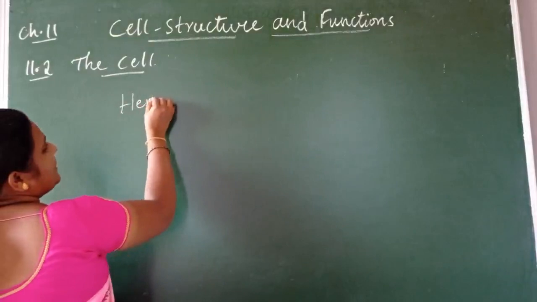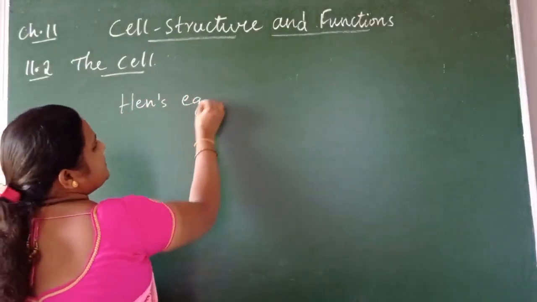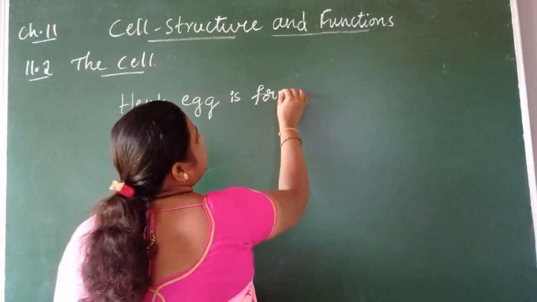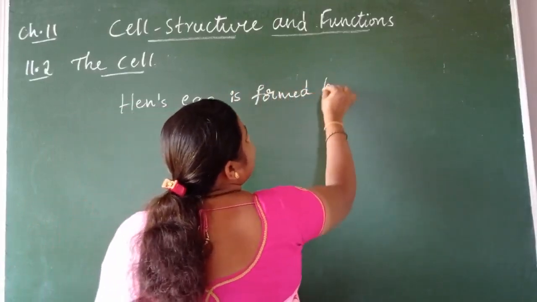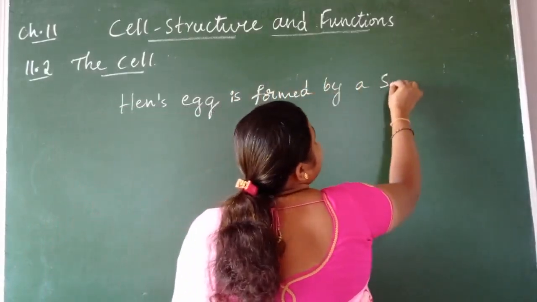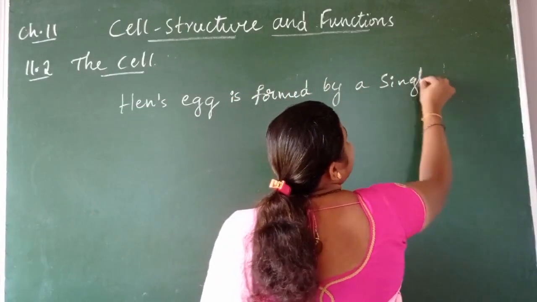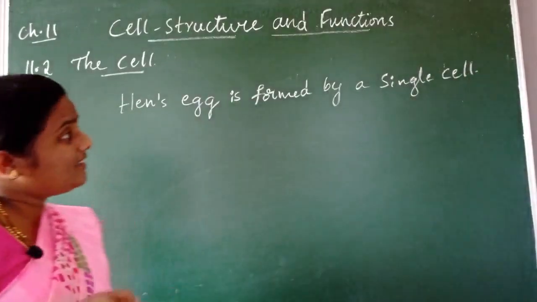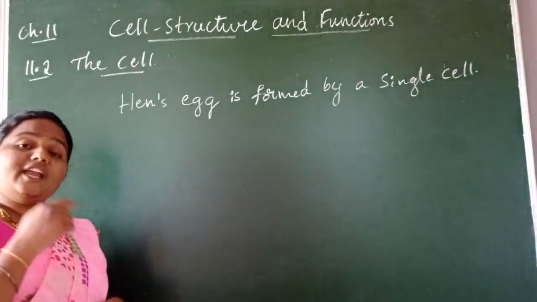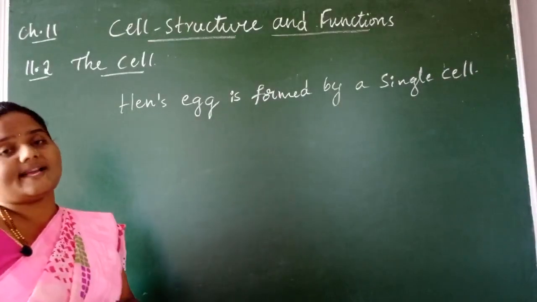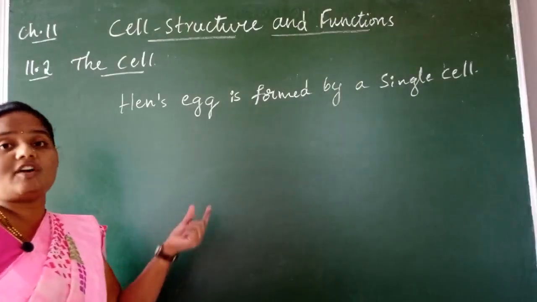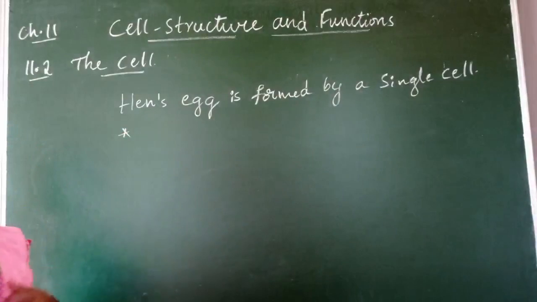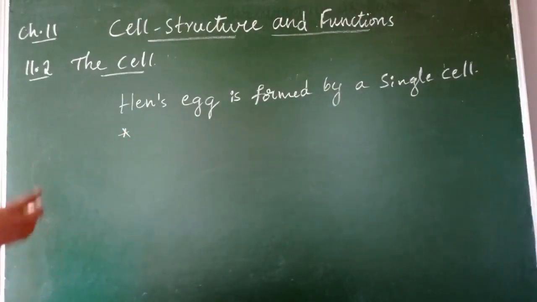Children, a hen's egg is formed by a single cell. But this single cell we can see with our eyes, meaning it can be seen with our unaided eyes. Isn't it, children? It is that big to see.